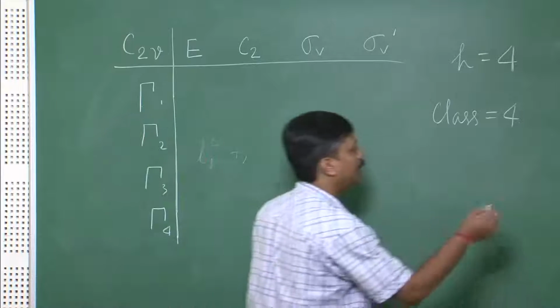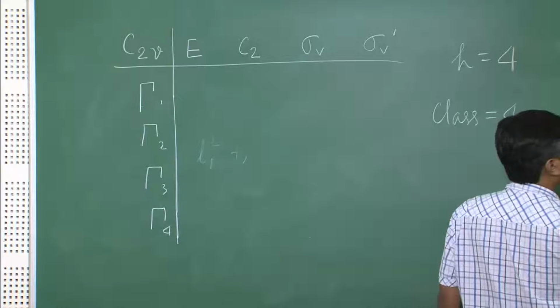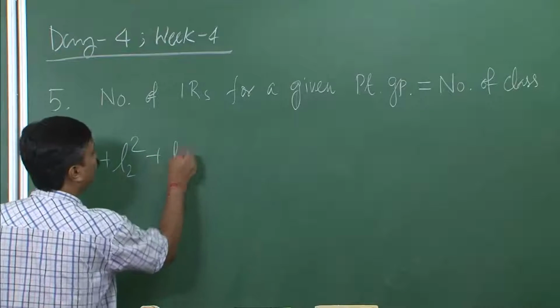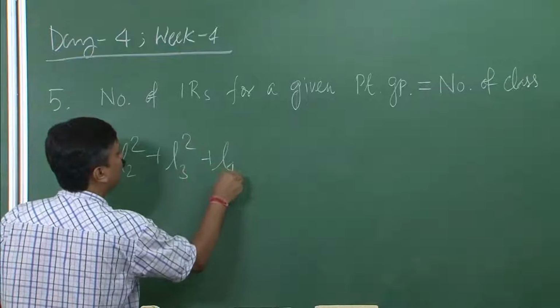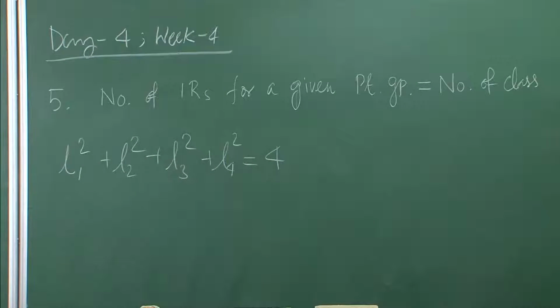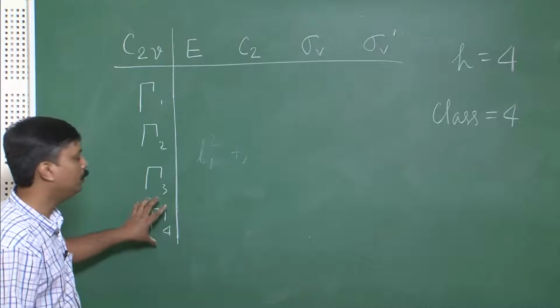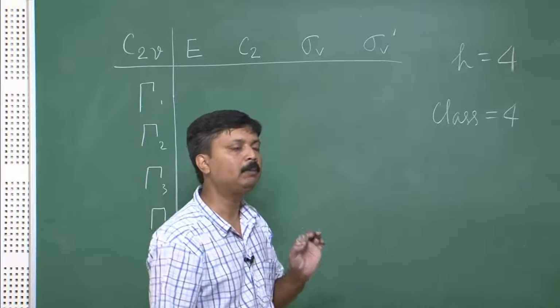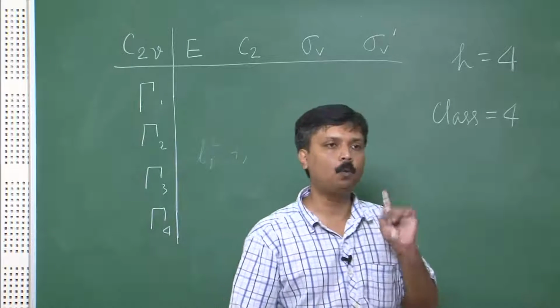Precisely, I can say that l1 square plus l2 square plus l3 square plus l4 square equals 4. Now, since I will have 4 irreducible representations, none of these representations can have dimension 0. The minimum dimension that is possible is 1.